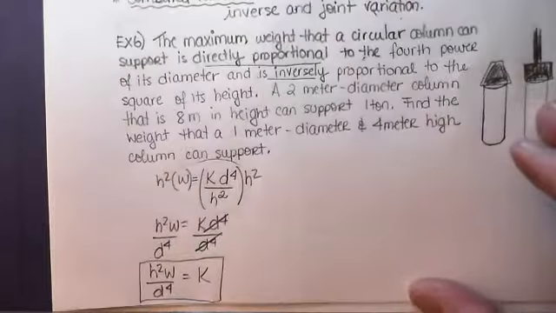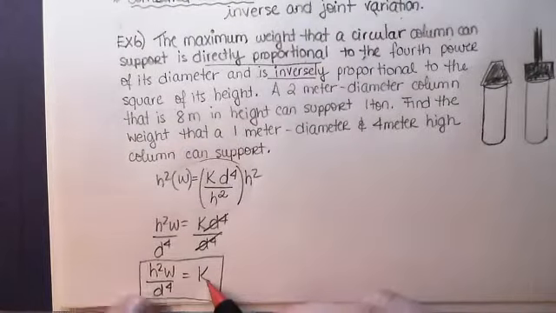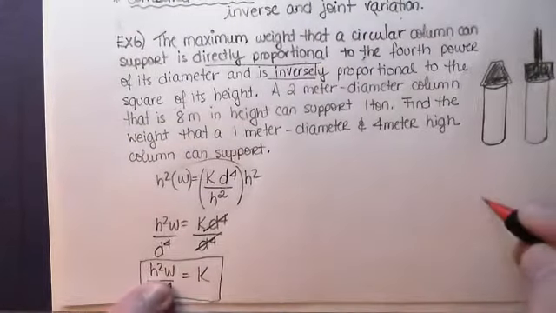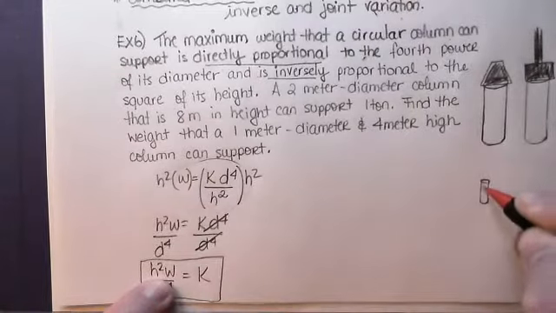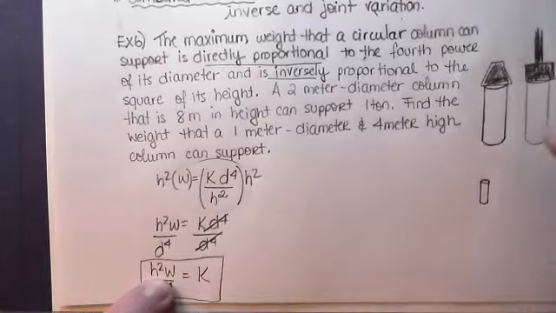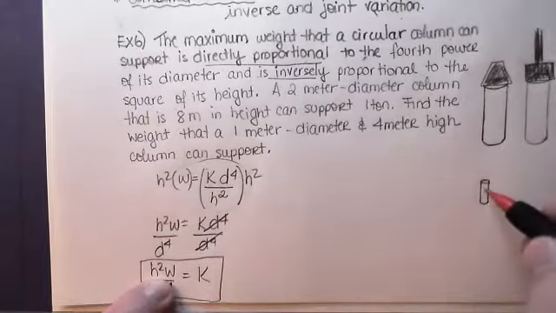So what we found in this equation is that there is a constant of variation. So that means in the lab at the university, they can measure little columns.